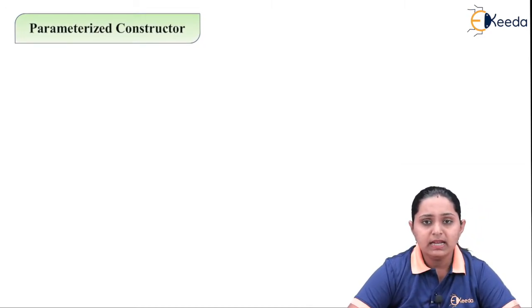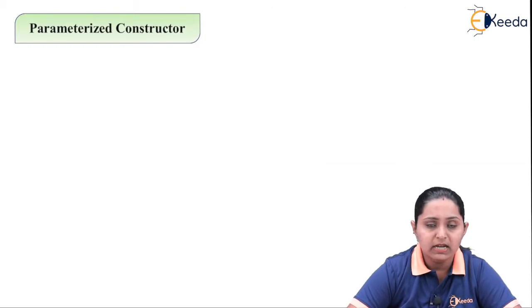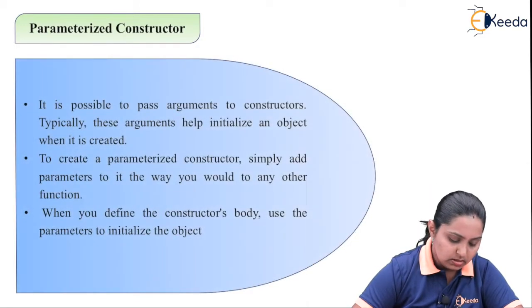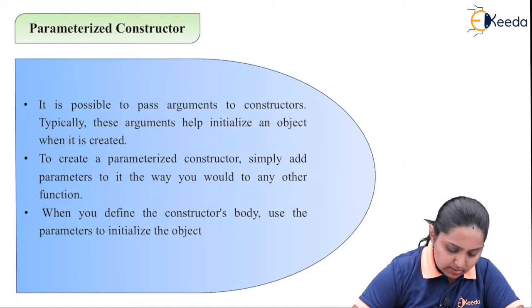we'll see the second constructor type, that is parameterized. When you say parameterized, the name specifies that there are arguments present for that constructor. It is possible to pass arguments to the constructor. Typically, these arguments help to initialize an object when it gets created.